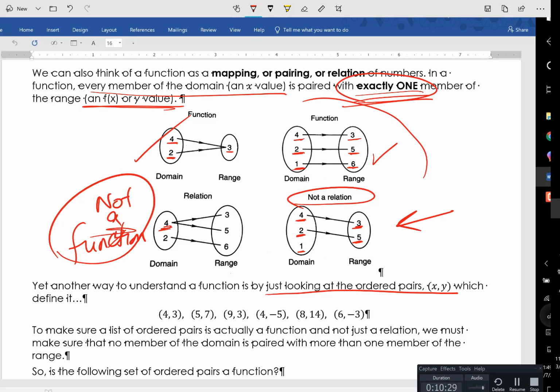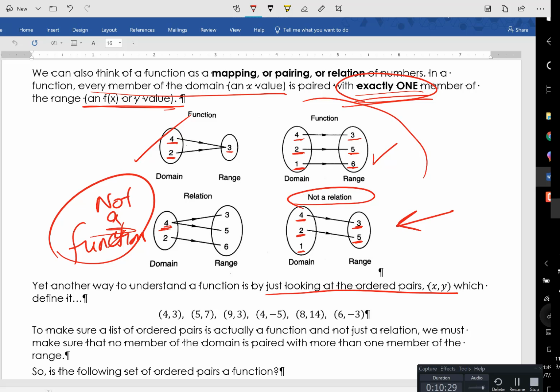So here you've got all these coordinate pairs, and these can represent a function. You don't have the equation, you don't have the graph, but you can look at the coordinate pairs and see what's going on here. To figure out whether this is a function or not, you need to look at each x and make sure that it only maps to one possible member of the range, or one y.